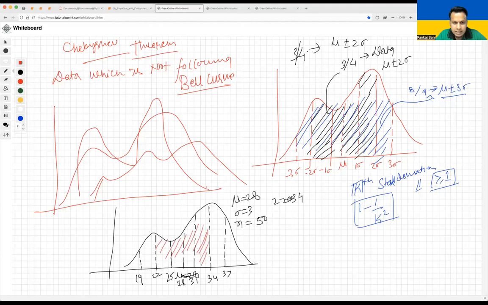So they are telling at least, right? At least 3/4 of the data will fall within mu plus minus 2 sigma.